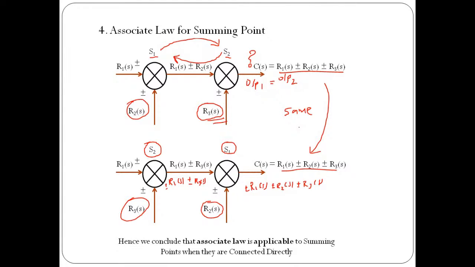It may be clubbing of summing points, clubbing of blocks connected in series or parallel configuration, or blocks connected in a closed loop. If before applying BDRT the system generates some output, say A, the same output must be generated after applying the rule.